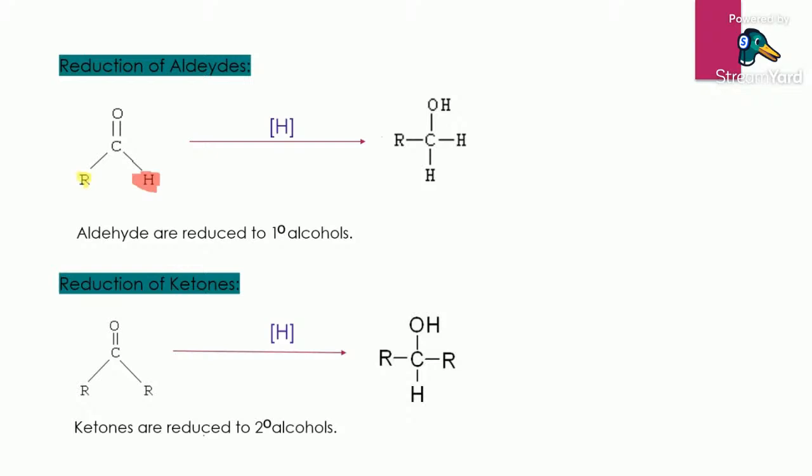Our reducing agent for this reaction is H2. In the reduction of aldehyde, the product will be a primary alcohol. If you can see here, this carbon is only attached to one carbon, and this becomes a primary alcohol.